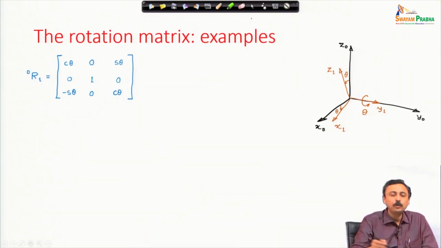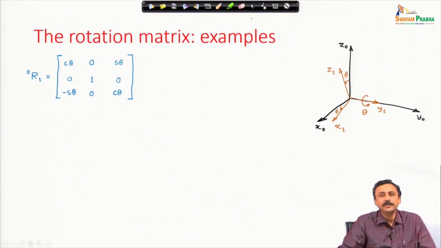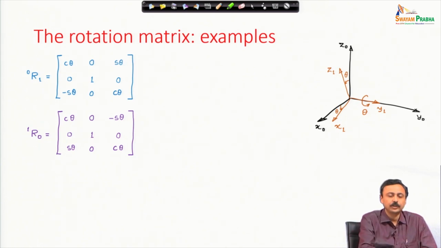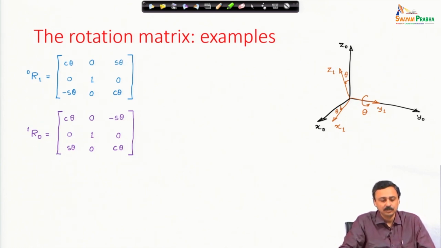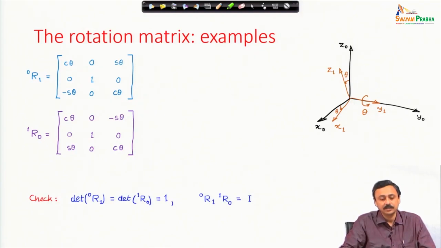In this way, we can populate the entries of the rotation matrix, and the inverse or rotation matrix from 0 to 1 is the transpose of the rotation matrix from 1 to 0. You should check that the determinant of both these matrices is 1, and they are inverse of one another.